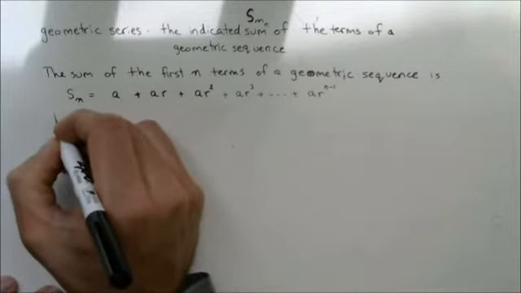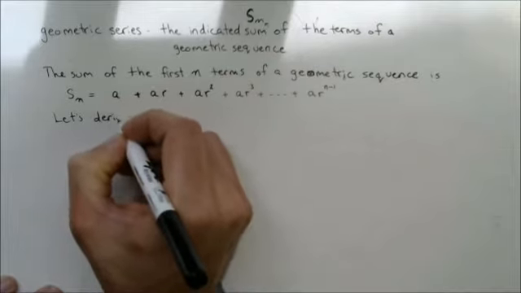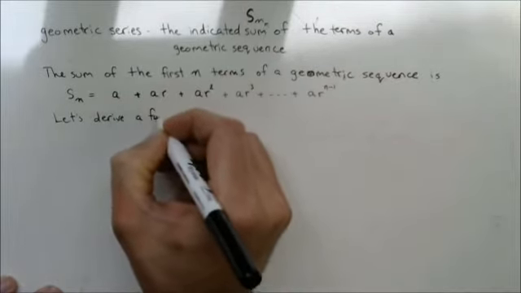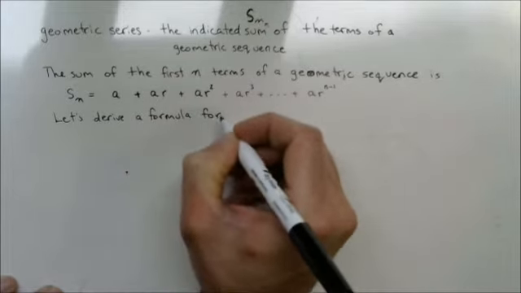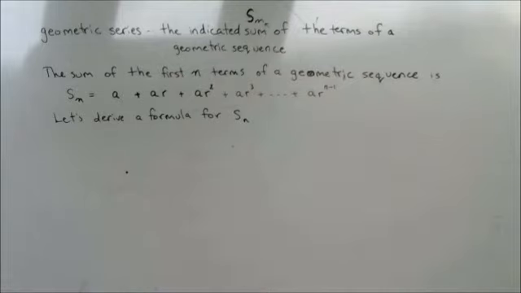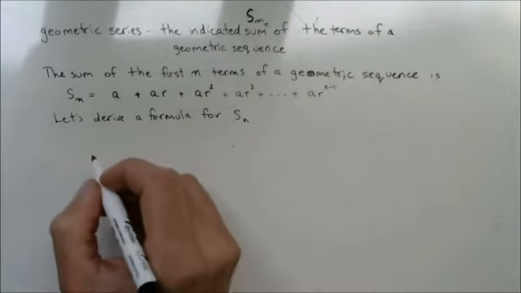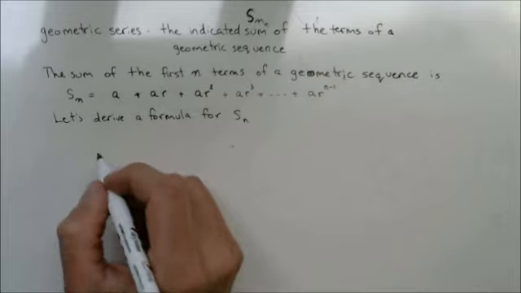So let's derive a formula for S sub n, which is the sum of the first n terms. And we're going to do this a similar way to how we did yesterday, okay?